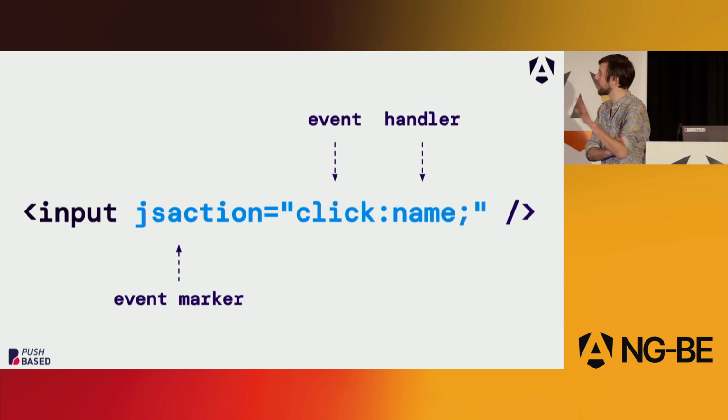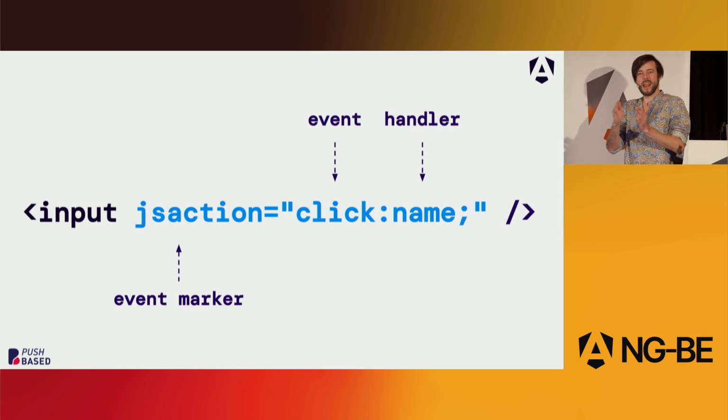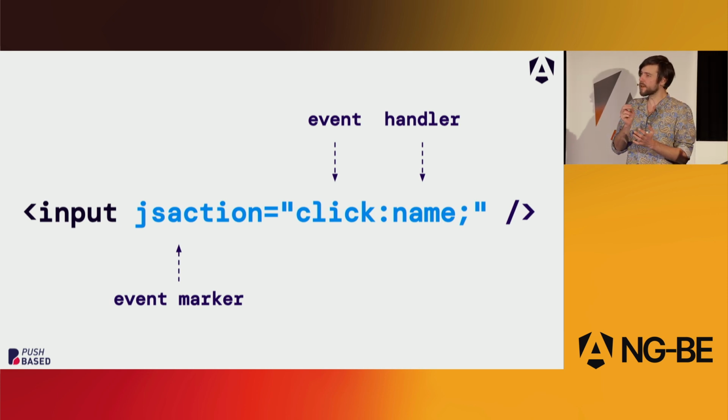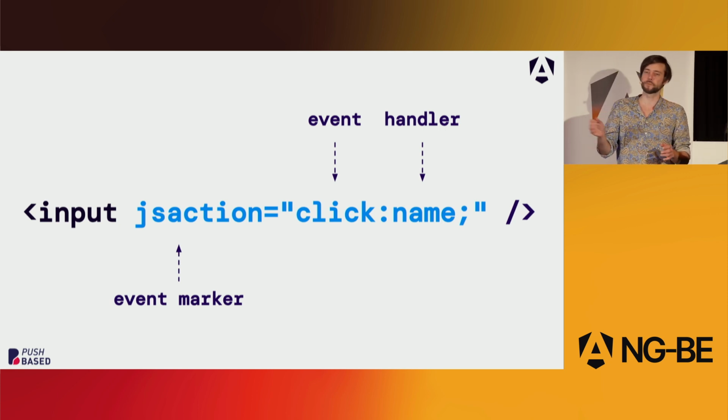You also have an attribute on the left, and then instead of a callback handler on the right, you just have a string. A string that tells you which event you care about and the handler name.